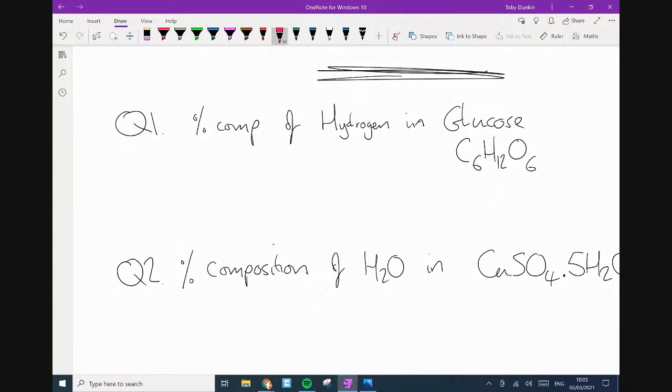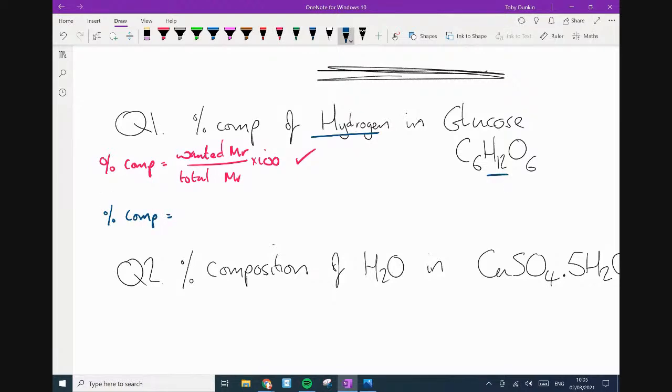So I want step number 1, percentage comp equals wanted MR over total MR times 100, 1 mark. Next, input my numbers and get an answer. Percentage comp equals, hydrogen in glucose.